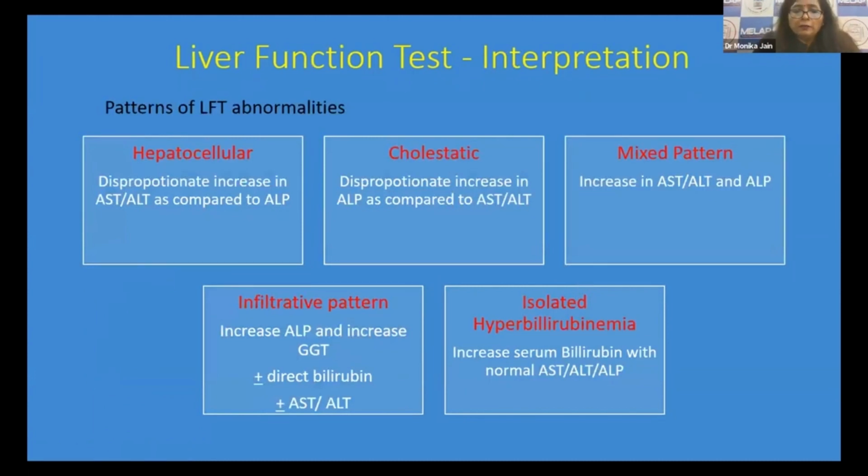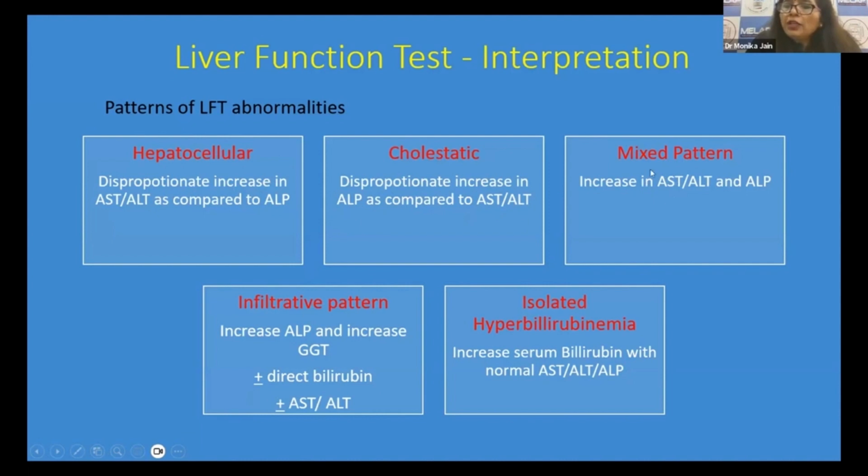So we have seen the individual parameters. Now we will concentrate on the patterns in which we interpret the results when we combine these parameters. First is the hepatocellular injury, meaning the liver hepatocytes are damaged. In those cases, there will be a disproportionate increase in transaminases as compared to alkaline phosphatase. Second is the cholestatic pattern, in which there will be a disproportionate increase in alkaline phosphatase as compared to transaminases.